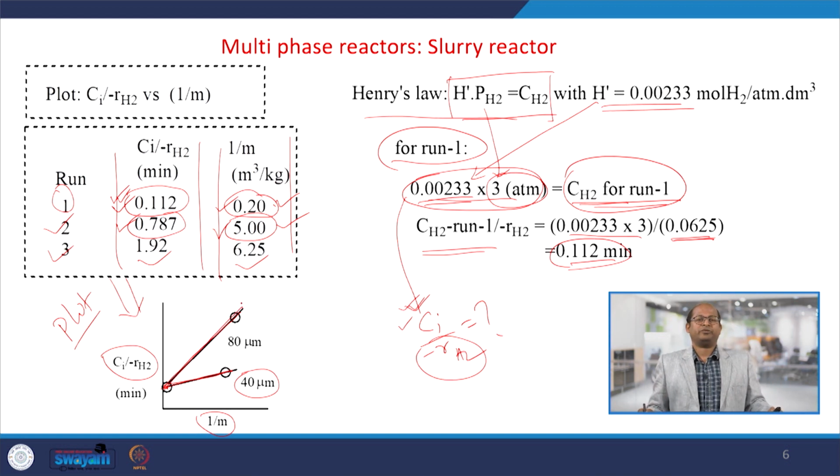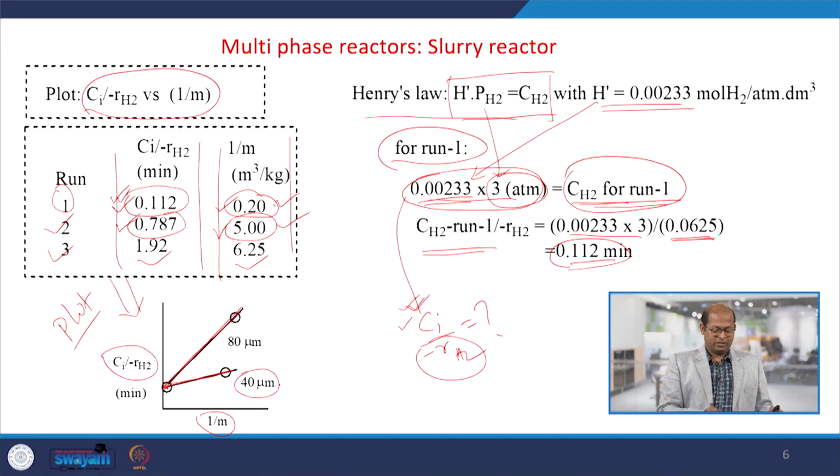So, for two different sizes of particles, the nature of the curves would be like this. From this graph we can say that 80 and 40 micron particles behave differently.